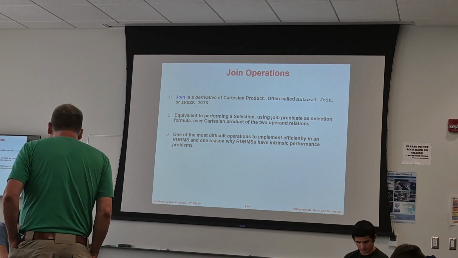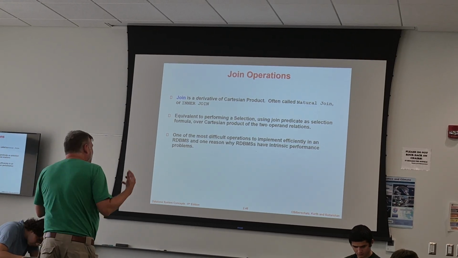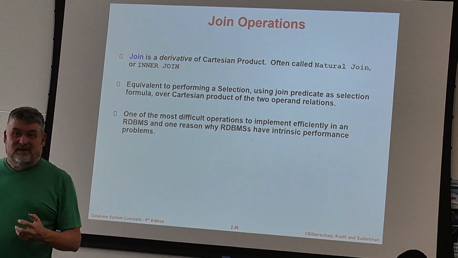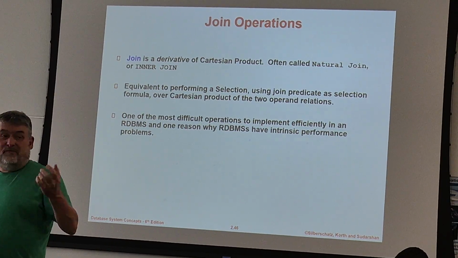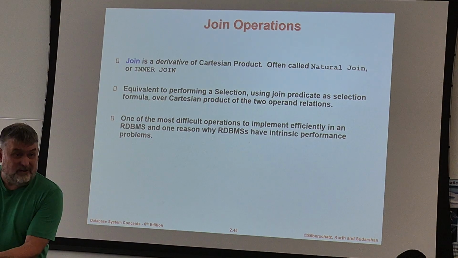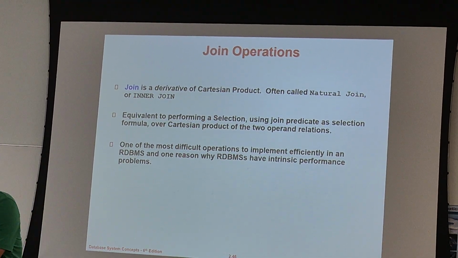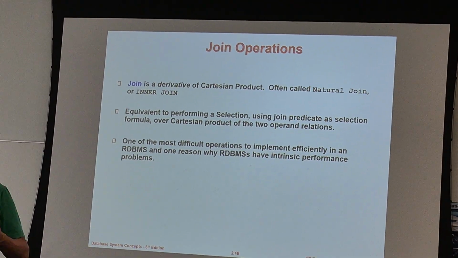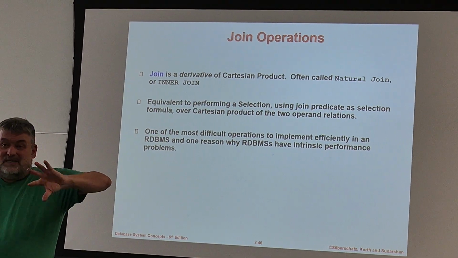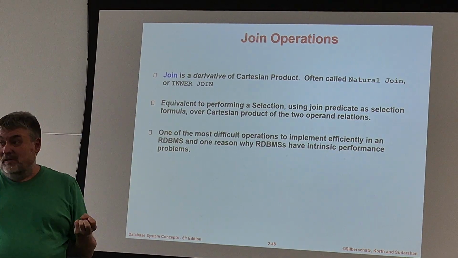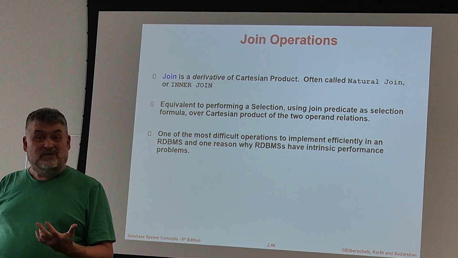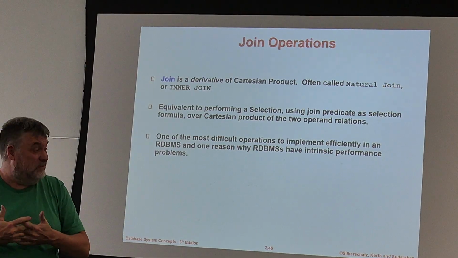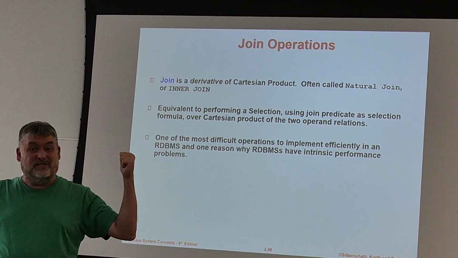And unfortunately, since the whole idea behind using a relational database is creating a separate table for every entity that you are dealing with, like for the university, we're dealing with student entities and instructor entities and room entities and course entities and advisor entities and time slot entities, it makes it easy to organize objects into their appropriate tables in that system, but it also forces you, when you're trying to ask a question where you need to combine multiple tables together, to use the inefficient operation.